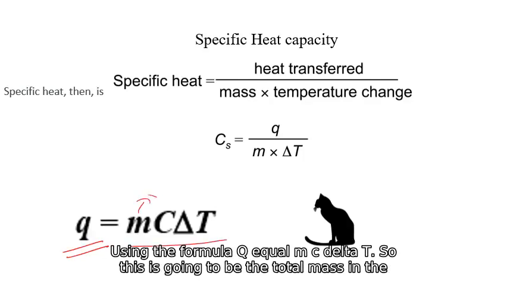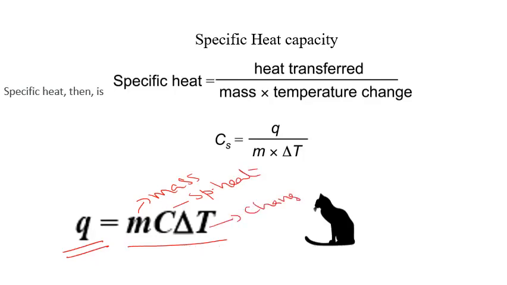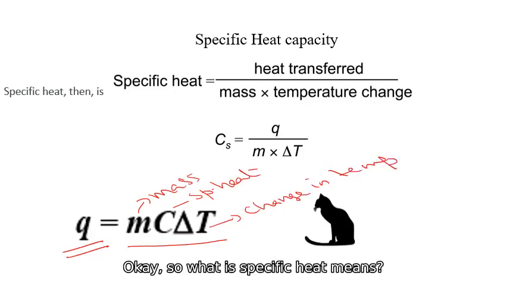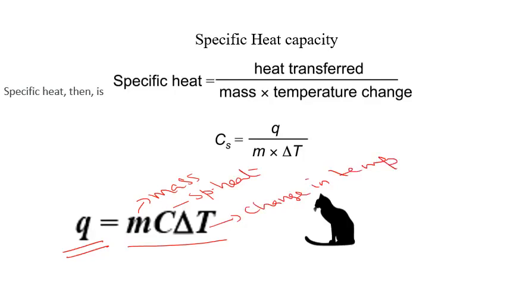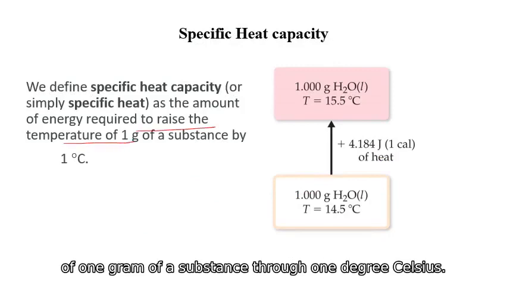So m is the total mass in the calorimeter, c is the specific heat, and ΔT is the change in temperature. So what does specific heat mean? Specific heat is the amount of heat energy required to raise the temperature of 1 gram of a substance through 1 degree Celsius.